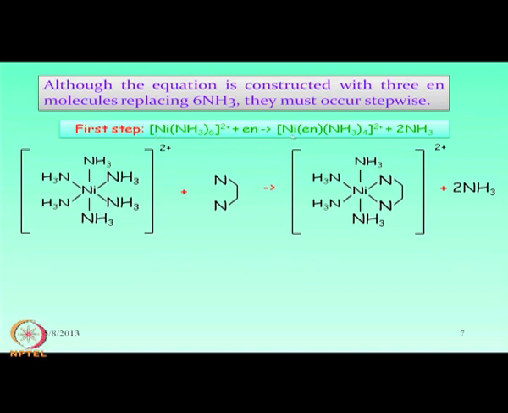So, the first step we can definitely write in this form: 4 ammonia molecules and 1 ethylene diamine, removing 2 ammonia molecules from there.